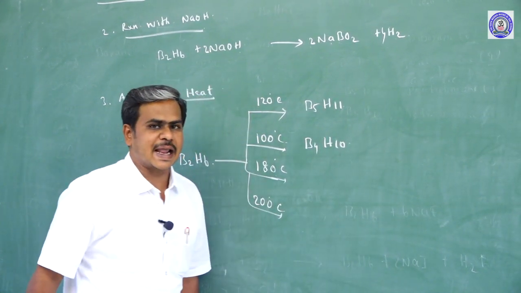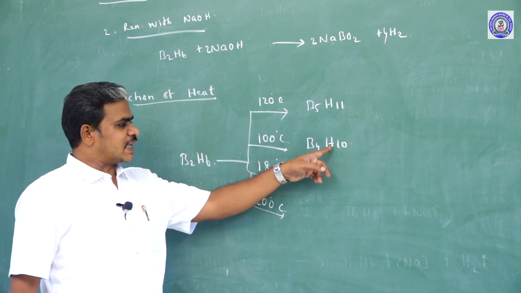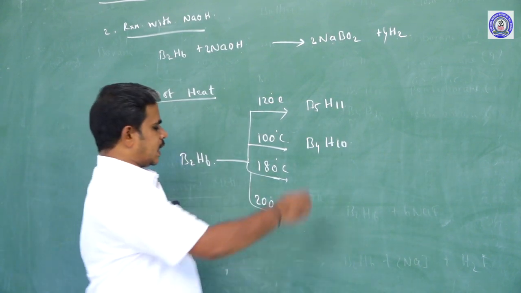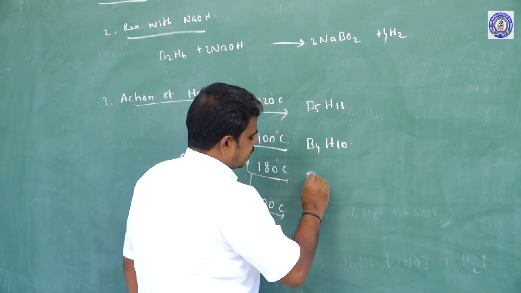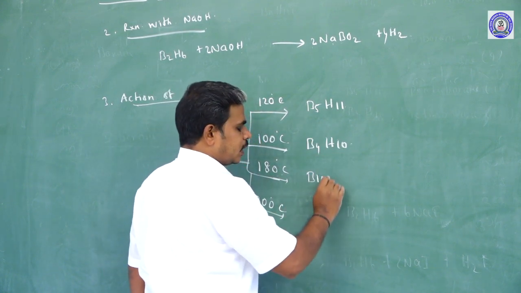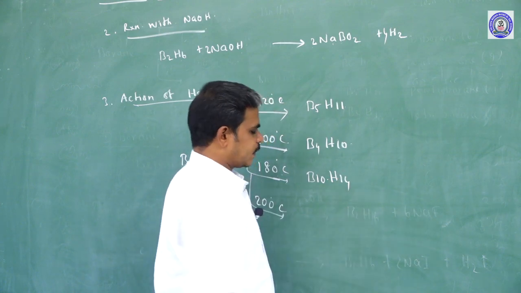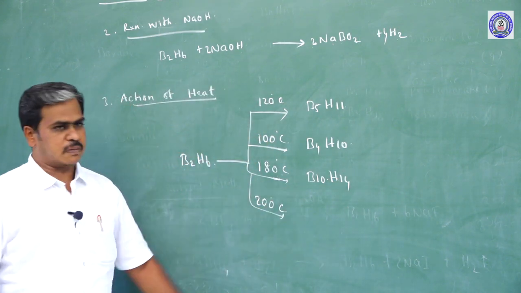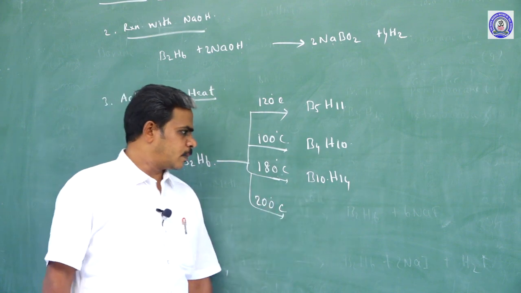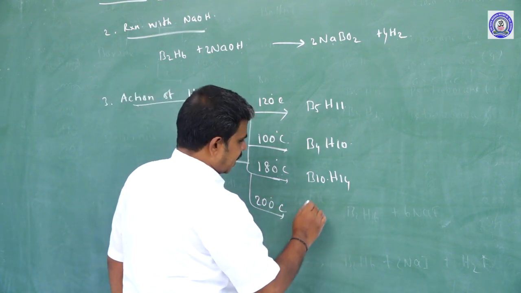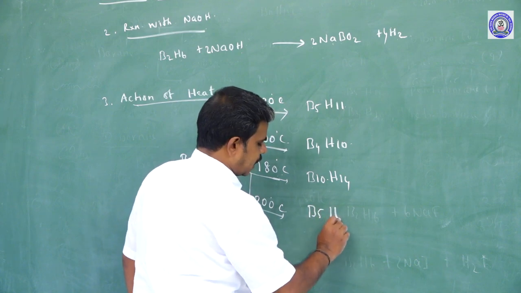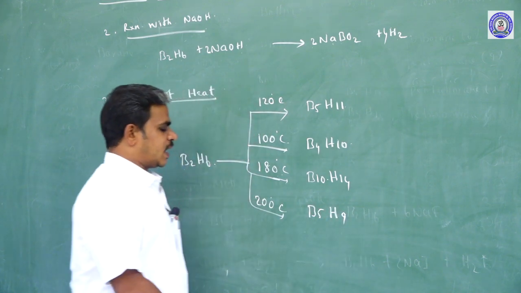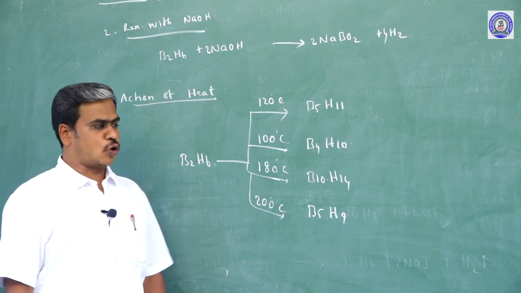It is also an arachnoborane, BnHn+6. Then at 180 degrees Celsius, B10H14 is formed. It is a nidoborane, BnHn+4. And at 200 degrees Celsius, B5H9 is formed. It is also a nidoborane.